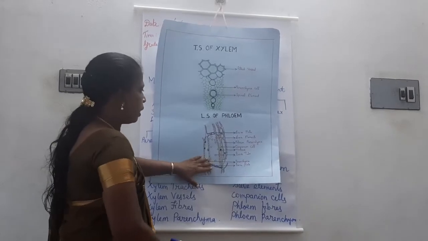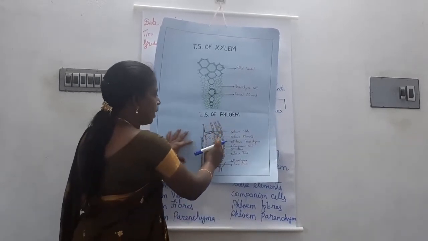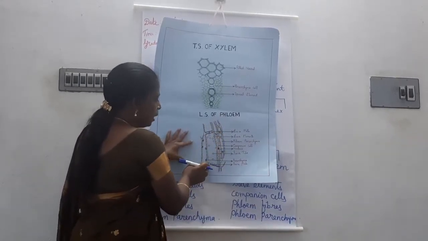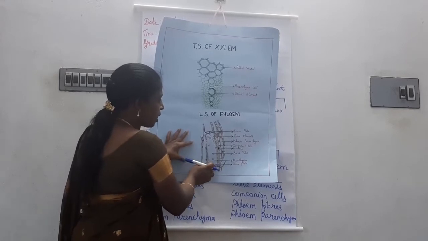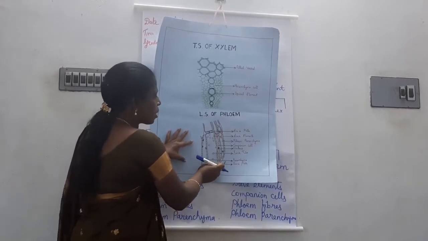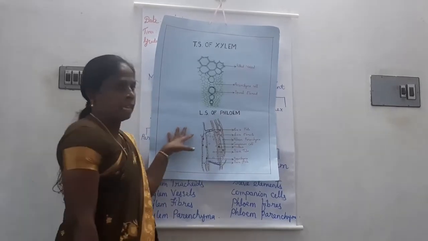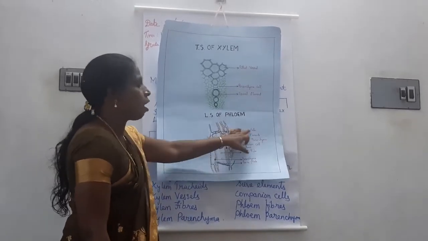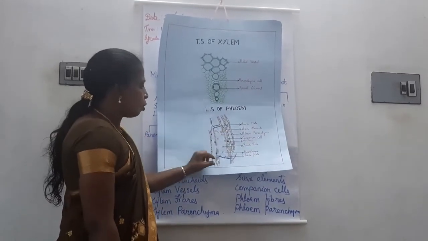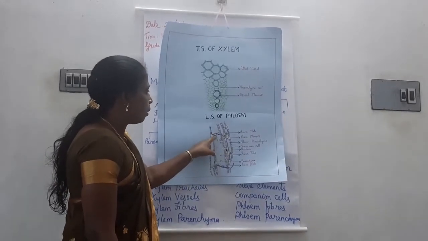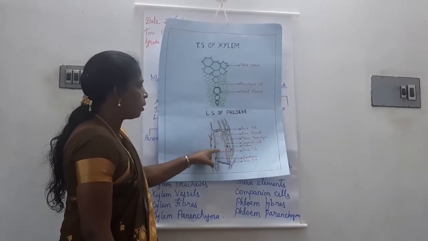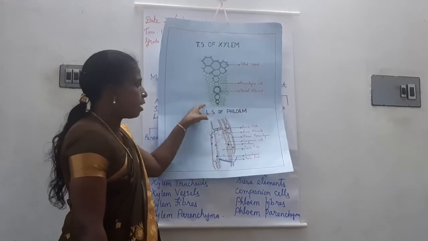The cell wall is very thick and lignified and it consists of perforated cell walls. The perforated cell walls are called sieve plates. Through these only, the food materials can be transported from one cell to another cell.